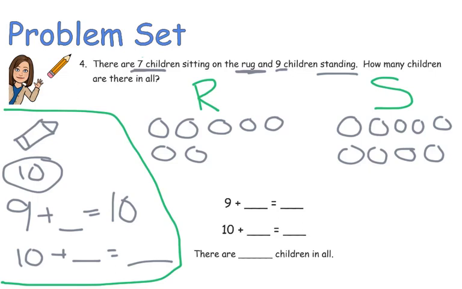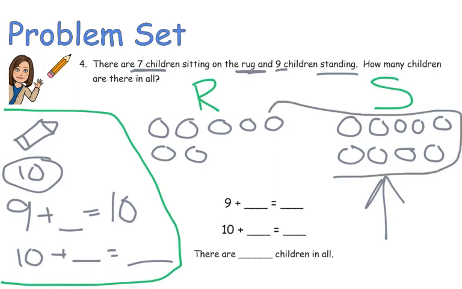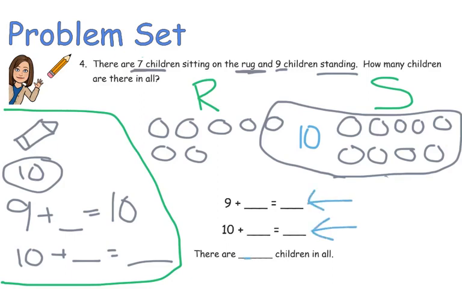Again, you're going to use the group of the 9 to help you make 10. So how are you going to get from 9 to 10? So make your group of 10 and solve your 2 equations and tell me how many are in all. Again, if you need more time, please pause your video.